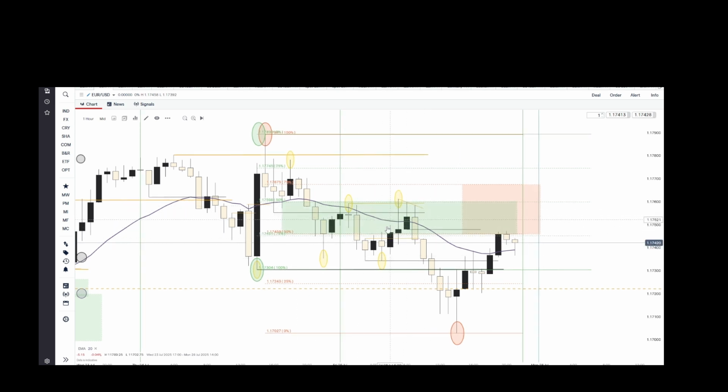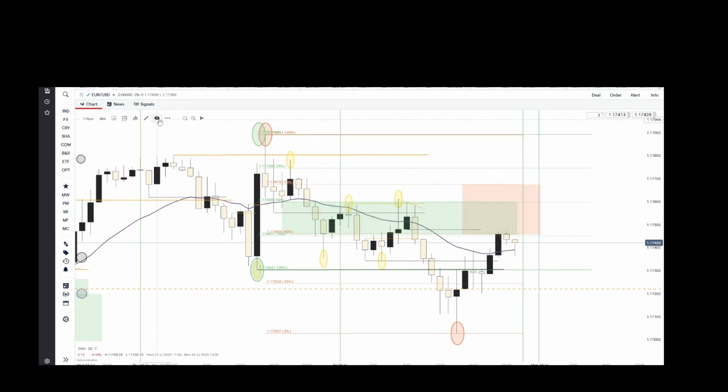Any thoughts of going long are fast disappearing, because here we get a bullish reaction. When price is up here, you're thinking it's going to break this structure point.